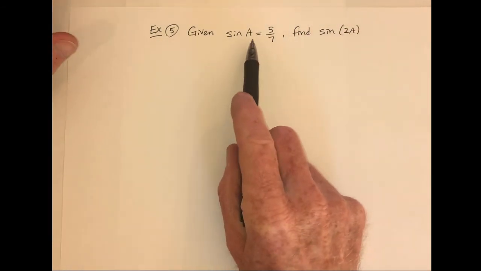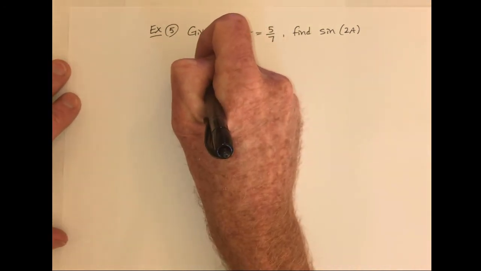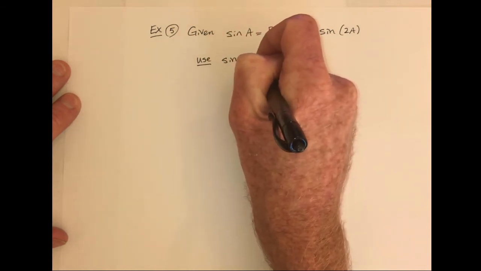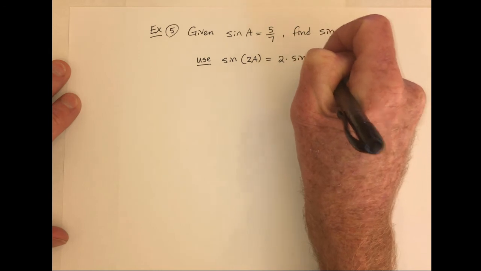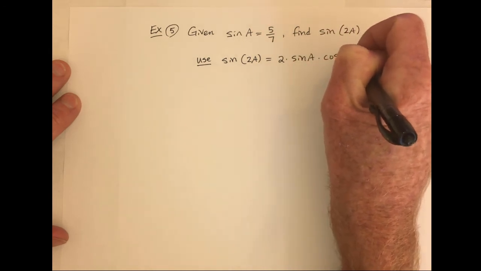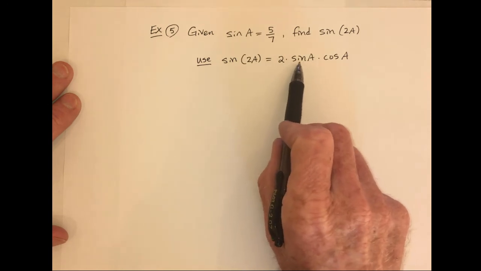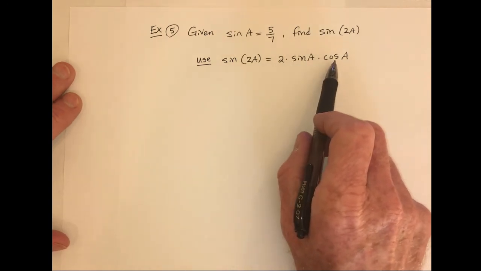So you can't just multiply by 2, but we need to use the formula that sine of 2A equals 2 times sine of A times cosine of A. So sine of A, that's going to get replaced with 5/7. Then we need to see what cosine equals.